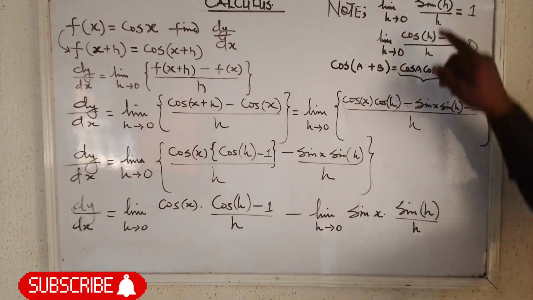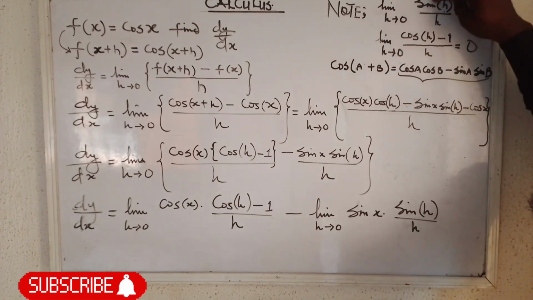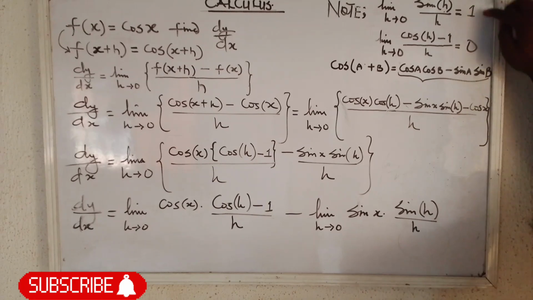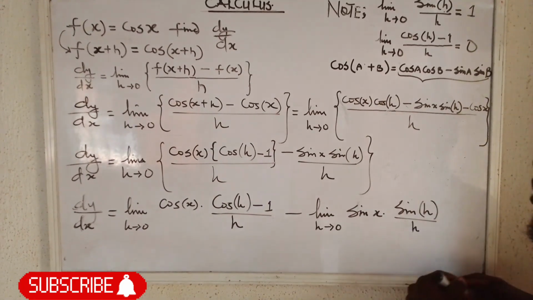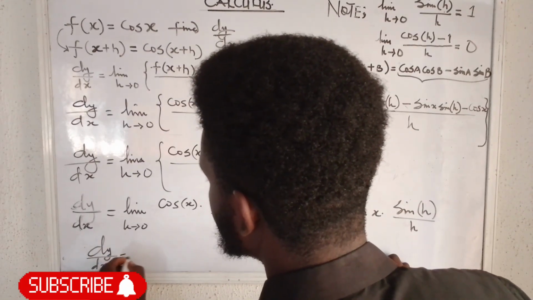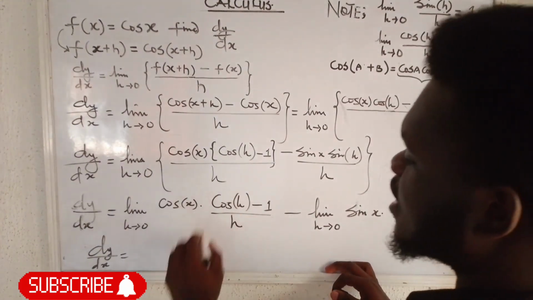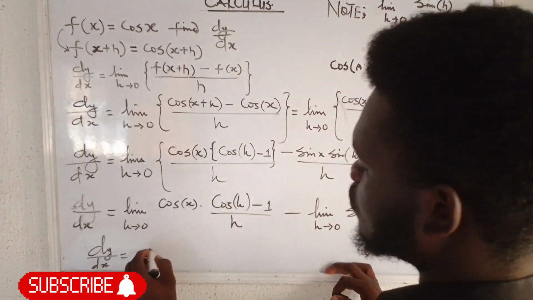So you can see now that the limit as h tends to 0 of sine h divided by h must become what? Must become 1. Which means that everything here represents 1. So we can say that therefore dy dx will be equal to, everything here is 0, because of the limit of this, it becomes 0.